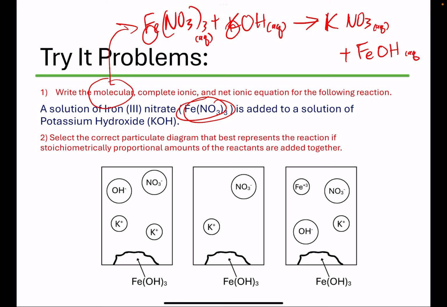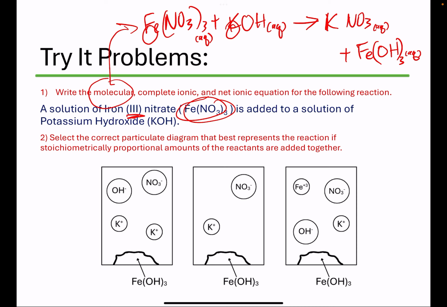Notice in this case, second question, there is an additional step: we do have to balance them. This is iron 3 plus, right? So we're gonna have to have 3 hydroxide in order to balance that out. Hydroxide is gonna be 1 minus, so 3 of the hydroxide is gonna balance out the charge. So do keep in mind that you do have to balance them.